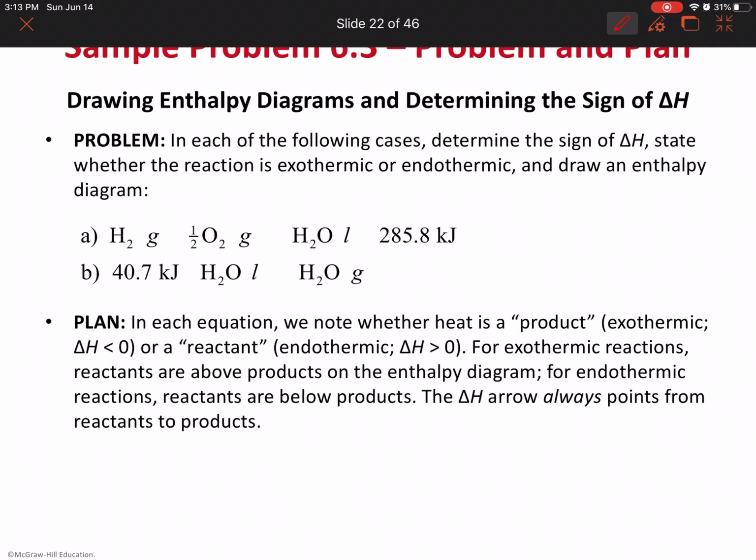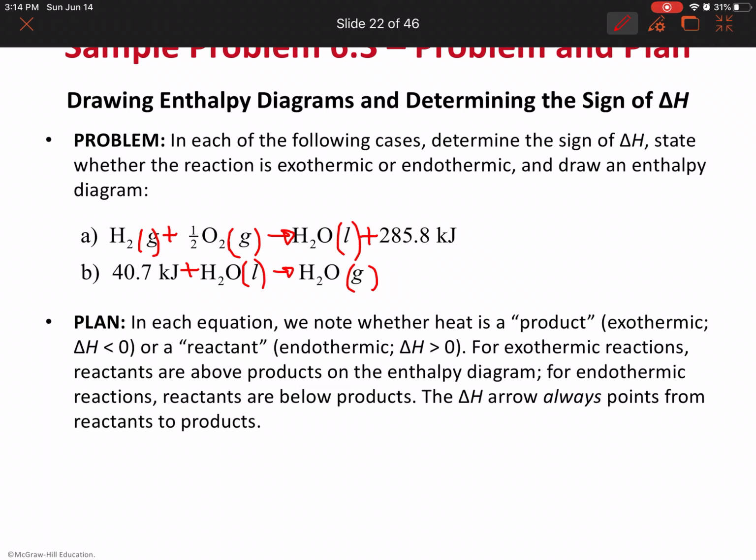Hydrogen in the gaseous state plus half oxygen gas, giving you liquid water plus 285.8 kilojoules, and then the other one, 40.7 kilojoules plus liquid water, giving you gaseous water.